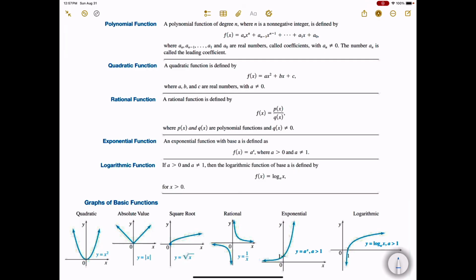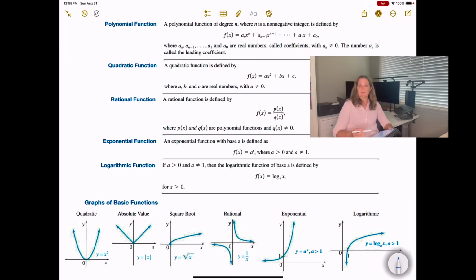Another very useful function, the one that we just worked with when we looked at y equals 1 over x minus 1, is a rational function. A rational function can always be written as a fraction where we have in numerator a polynomial and in denominator is another polynomial. All polynomials have a wonderful, easy to remember domain.